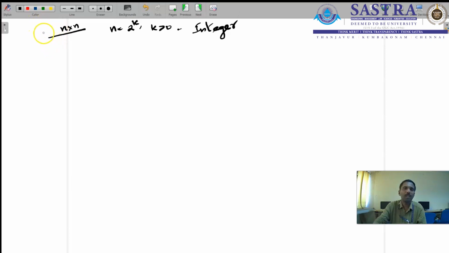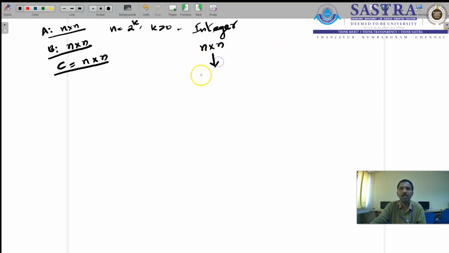So capital A is of order n by n, capital B is of order n by n. Then the resultant matrix is also of order n by n.